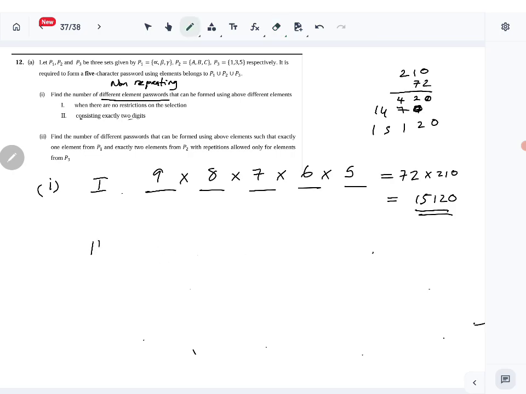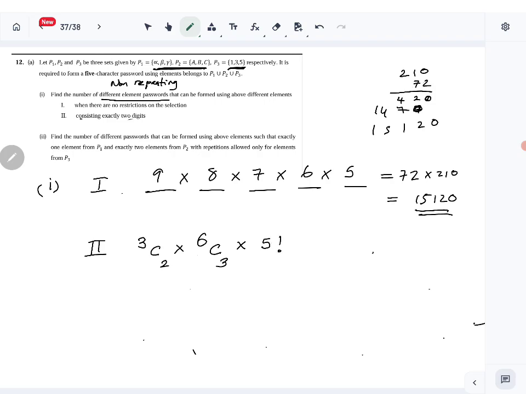Right. So then part 2, exactly 2 digits. So then we have to pick 2 out of this, so 3C2. Then the rest of the 3 terms come from this one, 6C3. Then again you have 5 different elements, so you have to find the arrangements.